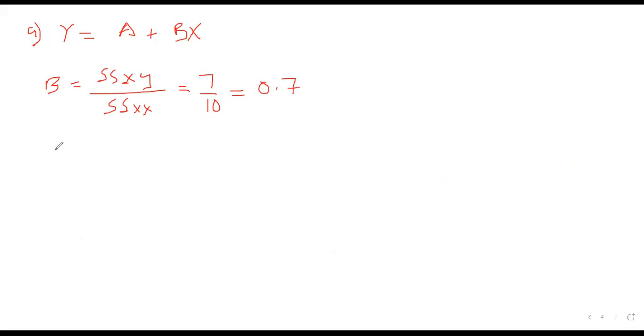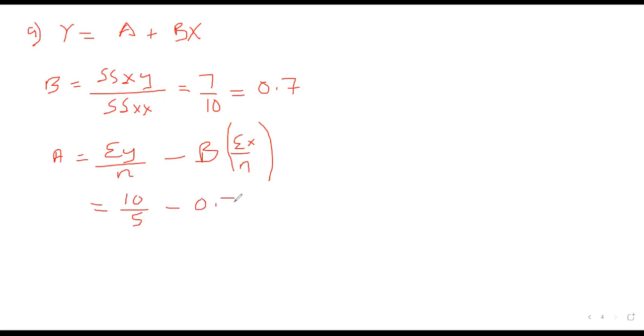Are we together? Yes, we are. Then to find the a, which is the y-intercept, it is summation of y, minus b times summation of x, over n. So summation of y, 10 divided by 5. Our b, we just got it as 0.7.